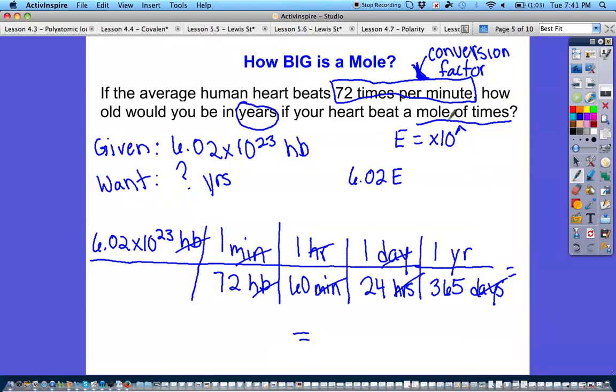It saves you from having to put in your parentheses. So 6.02 E 23.